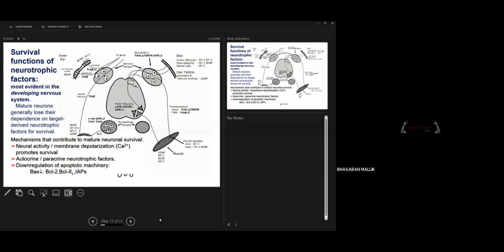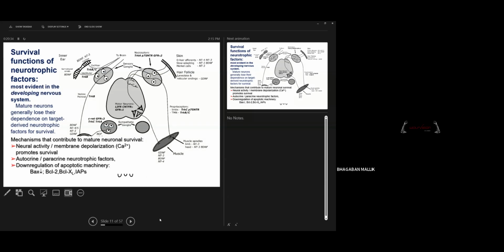In that case, another mechanism plays an important role, where even if you don't have enough neurotrophins or neurotrophic receptors, the neuron can still survive, because the mature neuron has neuronal activity. It can depolarize its membrane, which helps in calcium entry, and the calcium helps in fusion of the synaptic vesicle. It can maintain the activity.